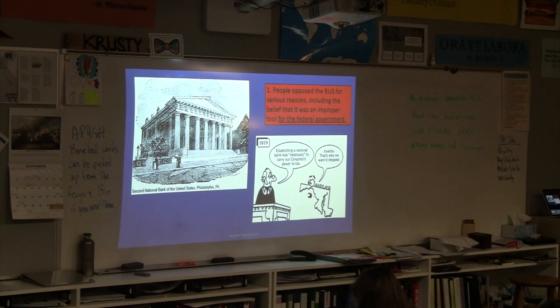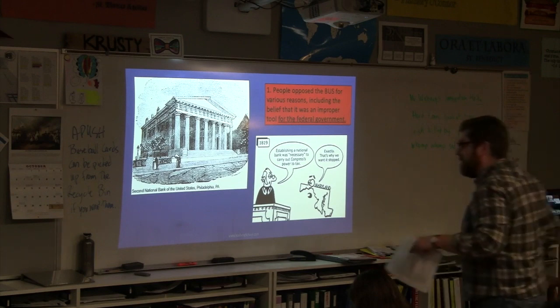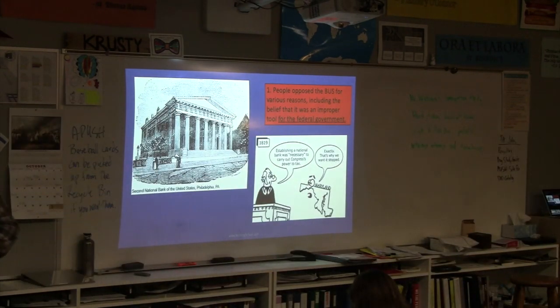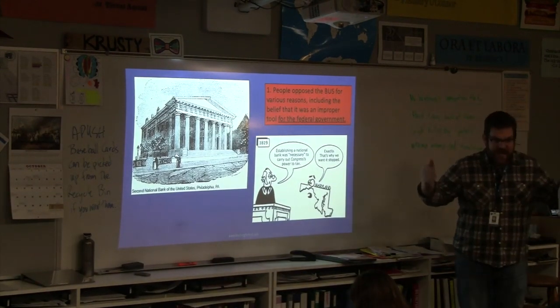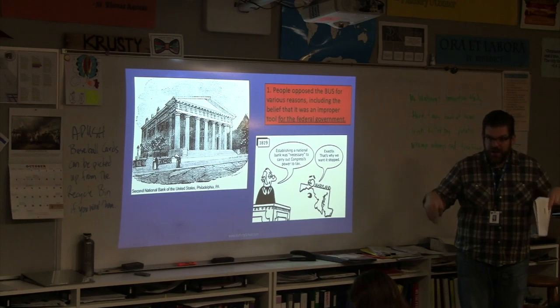And so the Maryland legislature adopted a tax on all banks operating in Maryland, but not chartered by Maryland. So even a commercial bank, if it was chartered in Virginia but had a branch in Maryland, would need to pay a tax on that Maryland branch.